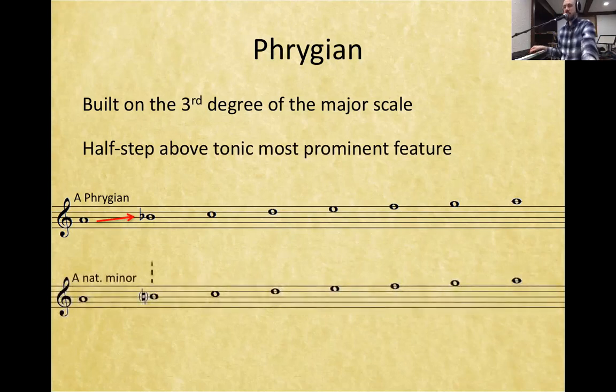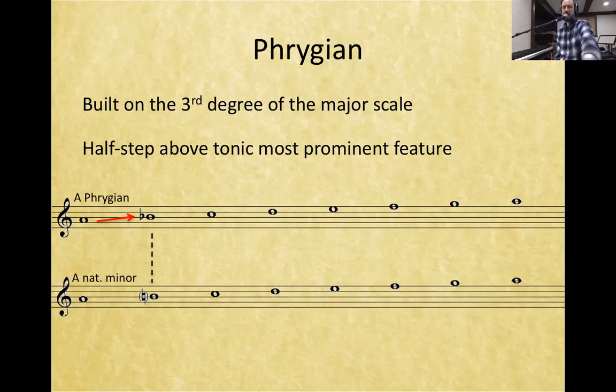So A natural minor with the B natural, me, re, do. But if we do Phrygian, me, ra, do, it has such a gravity down to tonic.